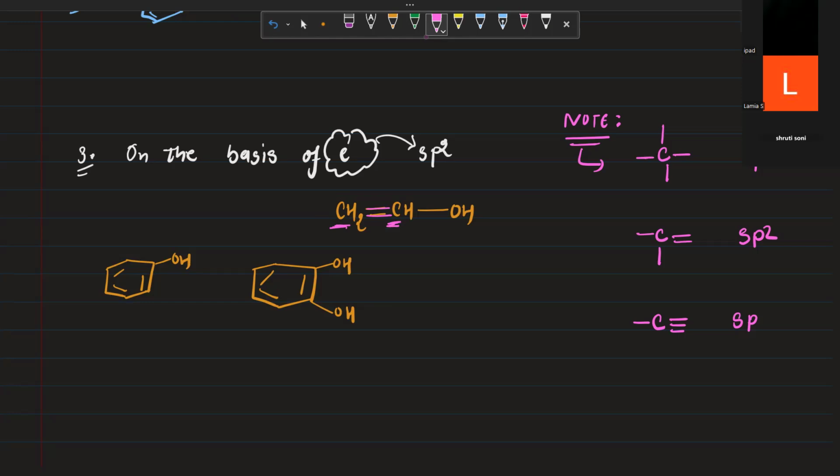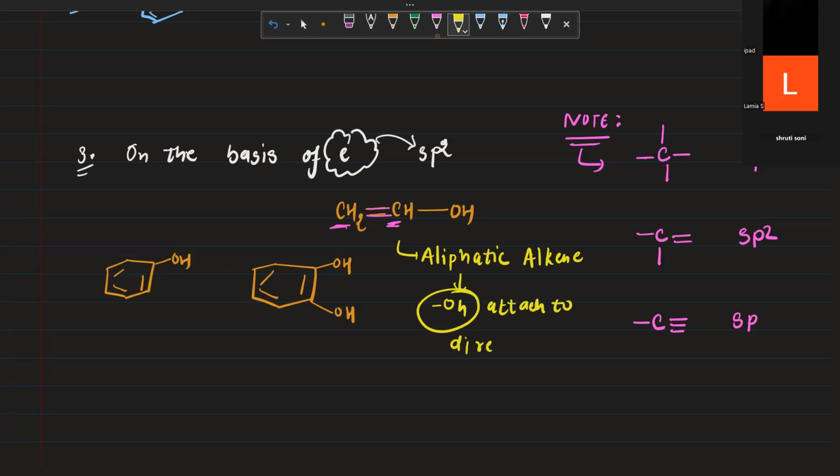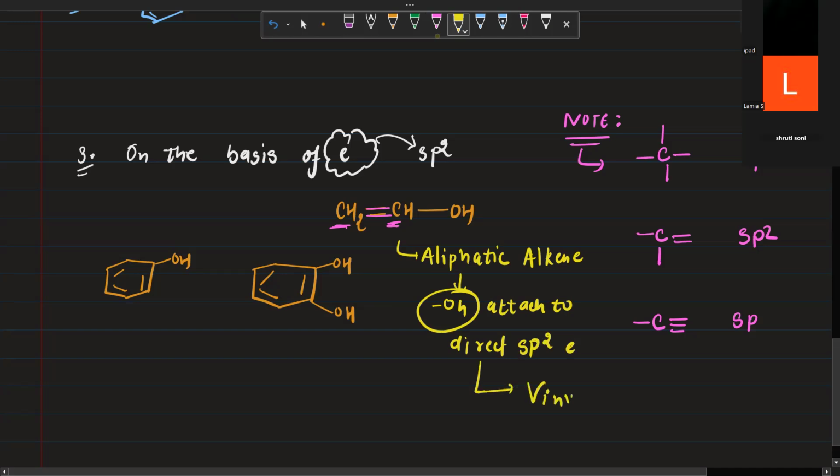So whenever there is an aliphatic OH, alkene there, and if the OH is attached to a direct sp2 carbon, then this is known as vinylic alcohol.